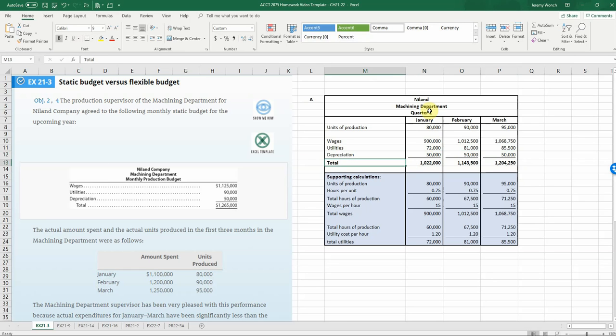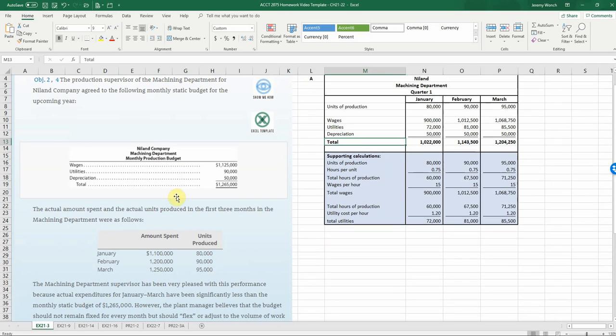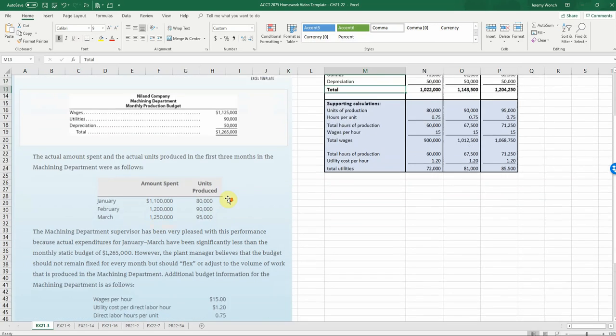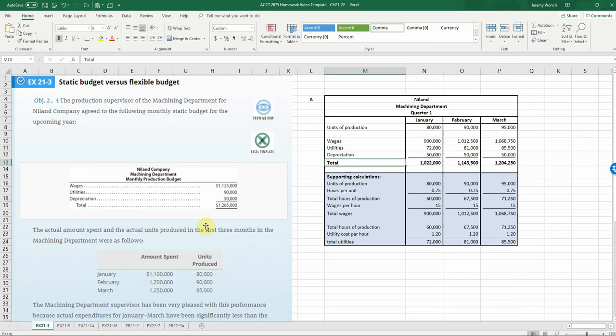All right, so now we have our flexible budget cost for January, February, and March, and it wants us to compare that to what we projected. So the original budget was 1.265 for each month.